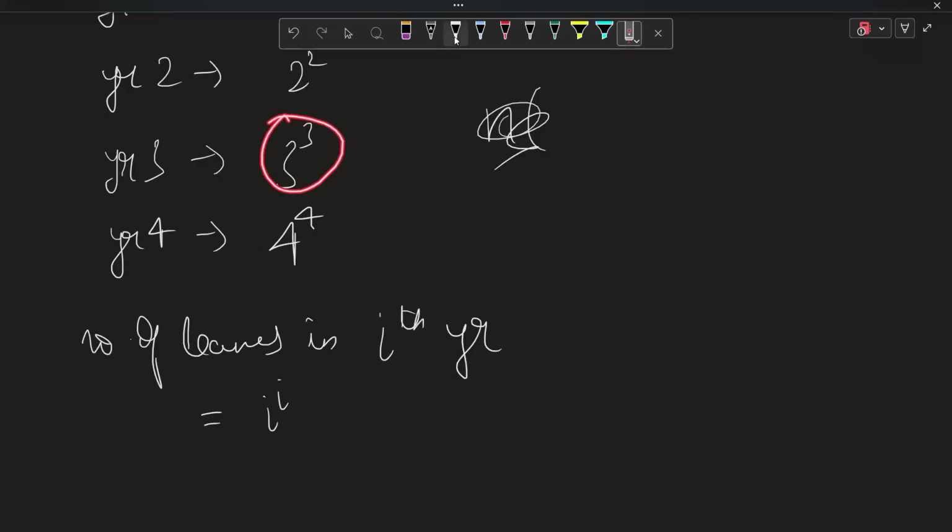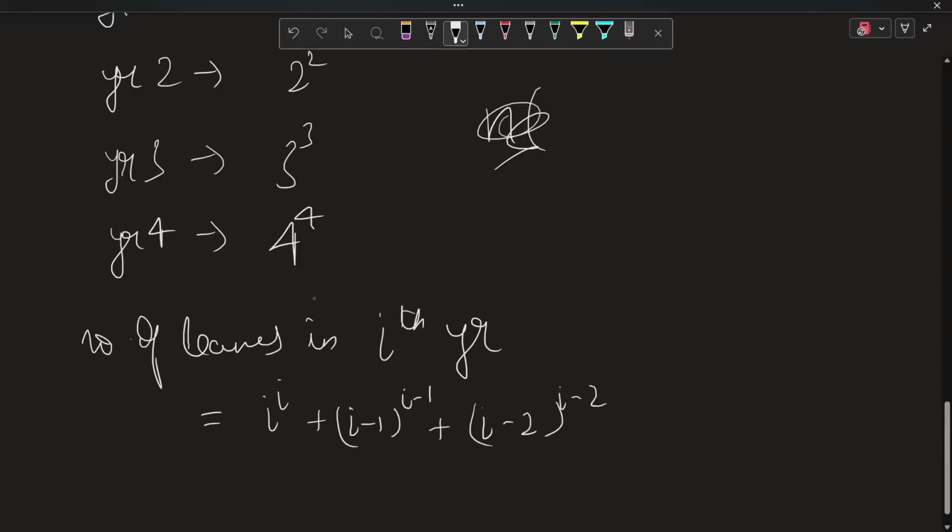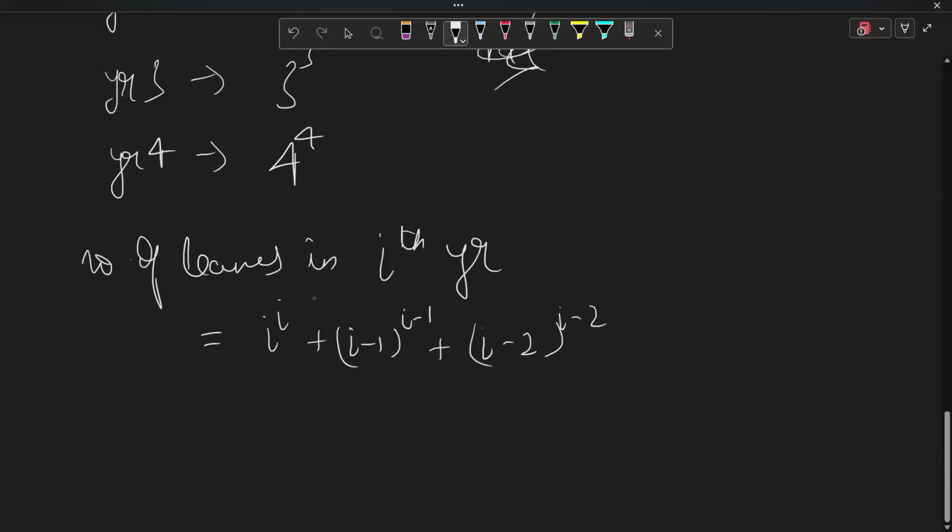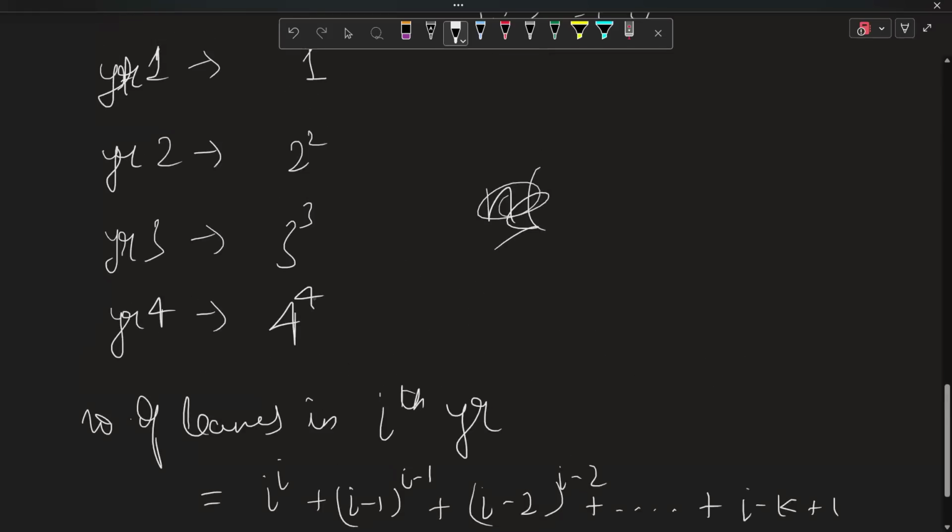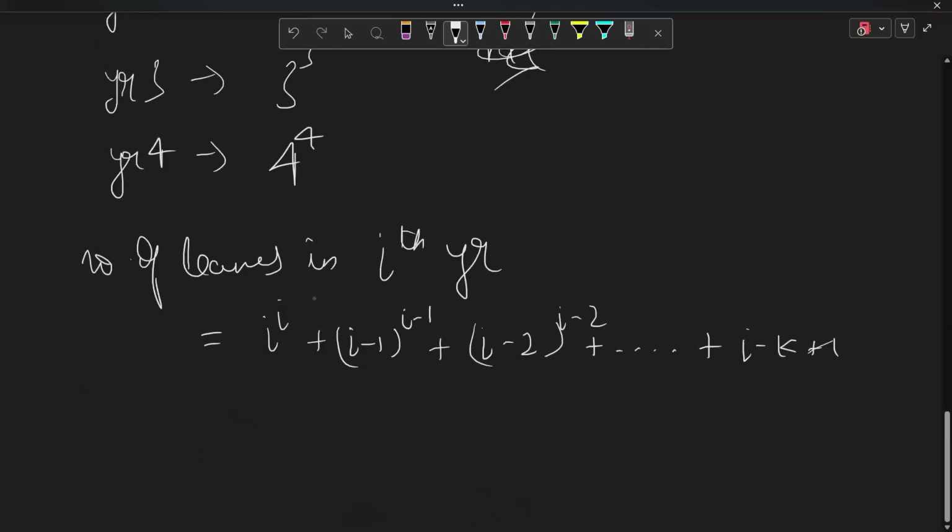Leaves from here would also be here. So i minus 1 to the power i minus 1 is also here. Then i minus 2 to the power i minus 2 is also here. And till where? Till up to i minus K plus 1, you can say. Okay, so 4 minus 2, i minus K.